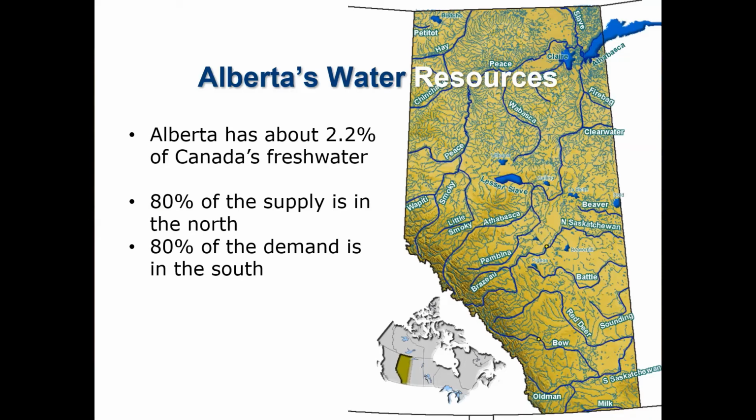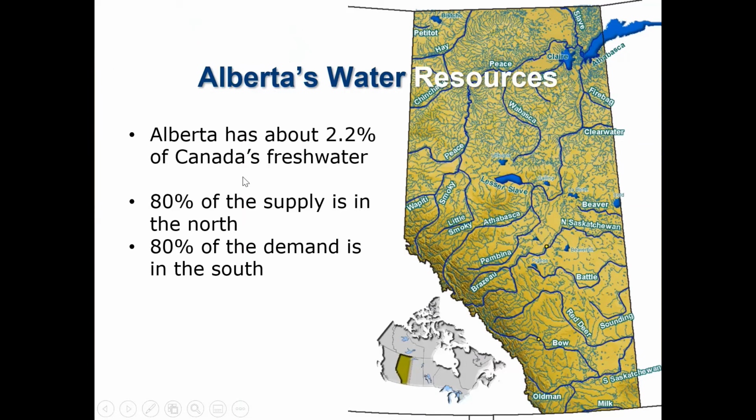We do have a lot of rivers, and you can see that about 80% of the supply of Alberta's water is in the north. We have way more rivers and lakes and swamps and wetlands in northern Alberta, and about 80% of our people live in the south, and that's where 80% of the demand is, and never mind all that agriculture that's going on in southern Alberta.